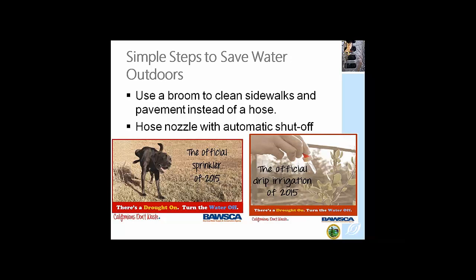You can also use a hose with an automatic shutoff. So when you turn on a hose, instead of letting it leak everywhere, if you put a nozzle on the end, it allows you to determine how much water you want to use, how much you want to flow, and you can direct it where you want to spray instead of having it leak all over when you're not using it.